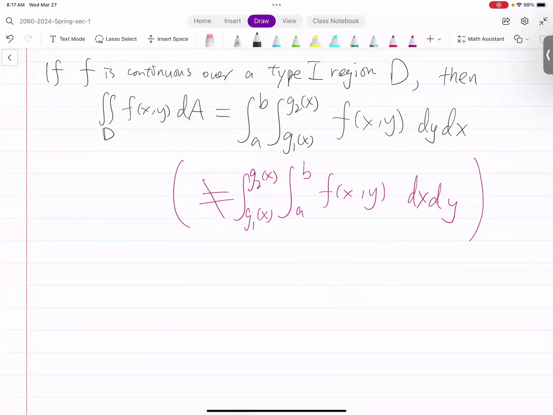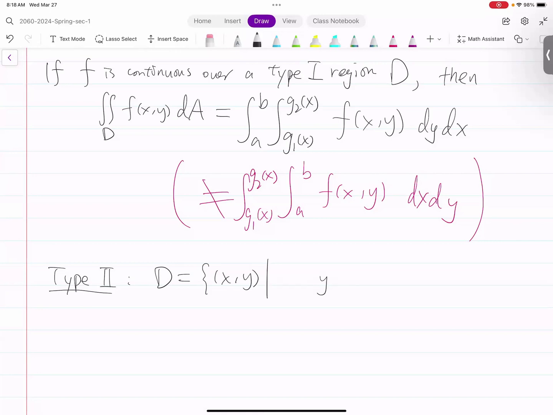Right, type 2. So type 1, we describe the region by specifying the range in terms of x first, right? Type 2 is, you can say, the mirror type, where we now decide the range in terms of y first.